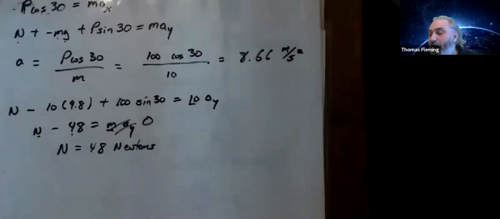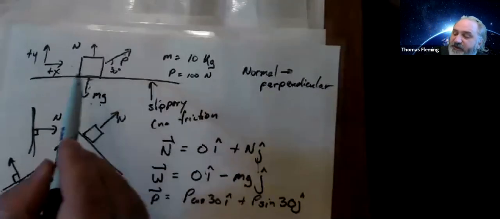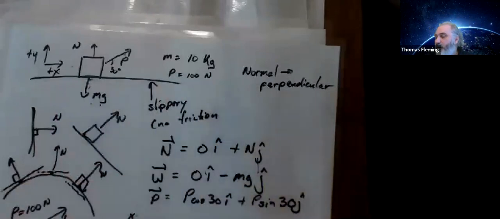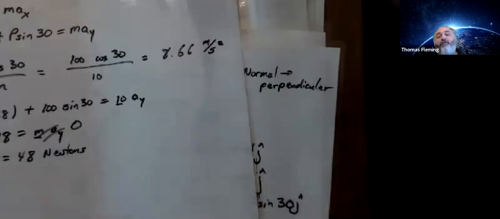So in this problem, given these inputs, this thing is going to get dragged across the ground with an acceleration of 8.66 meters per second squared. It's going to keep speeding up by that amount every second. But it won't lift up off the ground because I'm not pulling hard enough in the vertical direction.